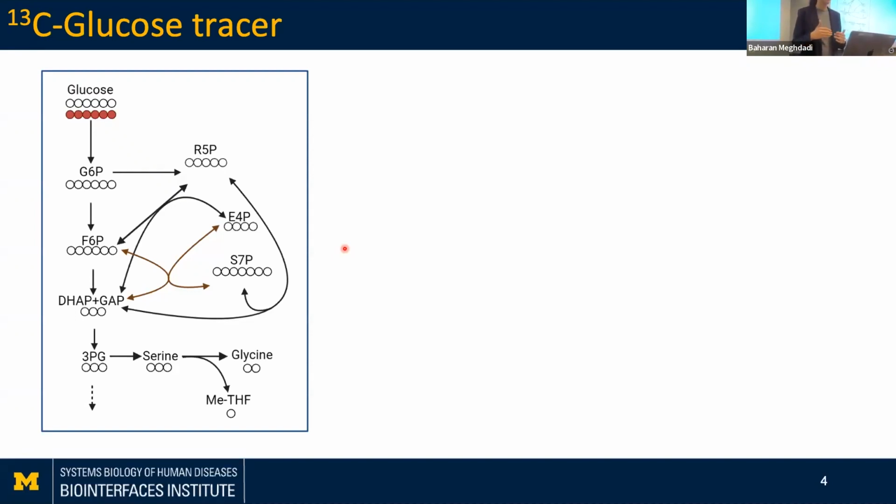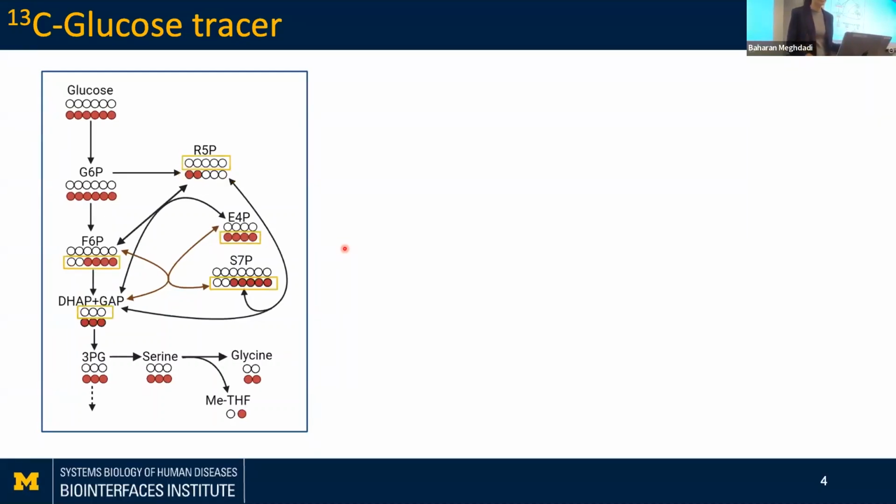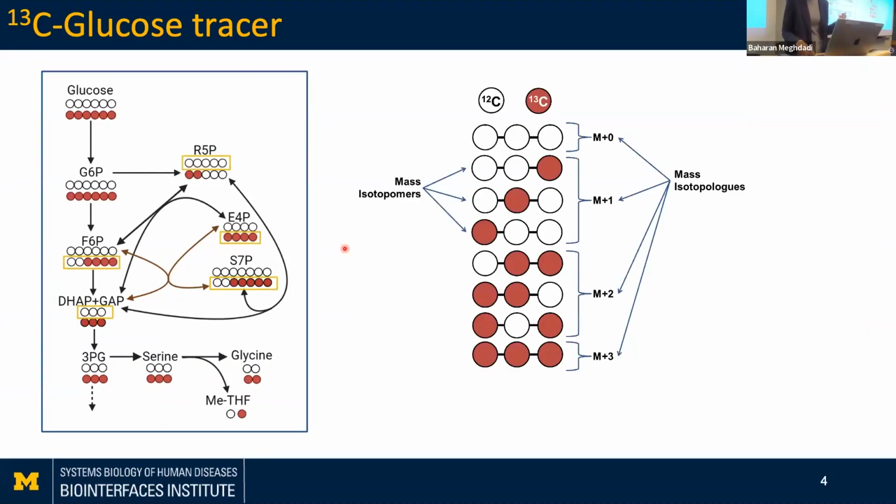So the 13C glucose tracer has 6 more mass units than the natural glucose. When we use a tracer, this can be like ink. It can be spread into the downstream metabolites, and we can see different patterns by running into different reactions.